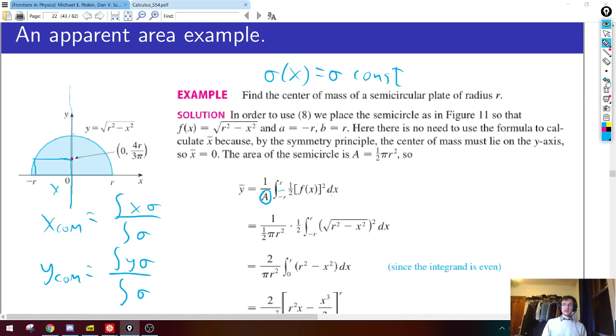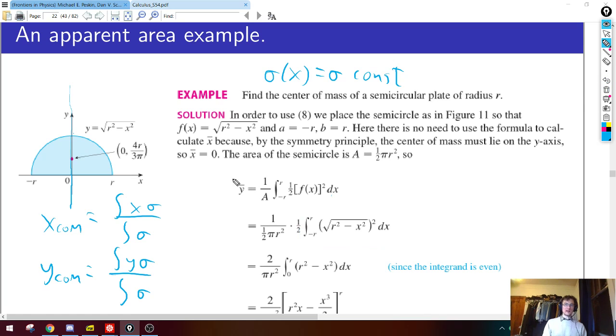Let's see. Perhaps this will turn into a challenge because I did not read the example before doing it. So do you see why in this integral we're doing the integral of r squared minus x squared, the whole thing squared, rather than just the integral of y, which would be the square root of this? Nope, since I hardly understand the y center of mass equation itself.